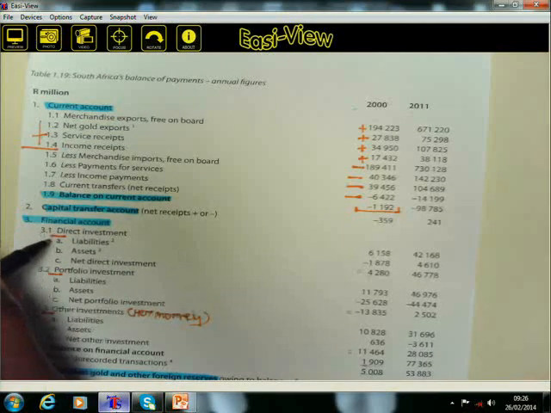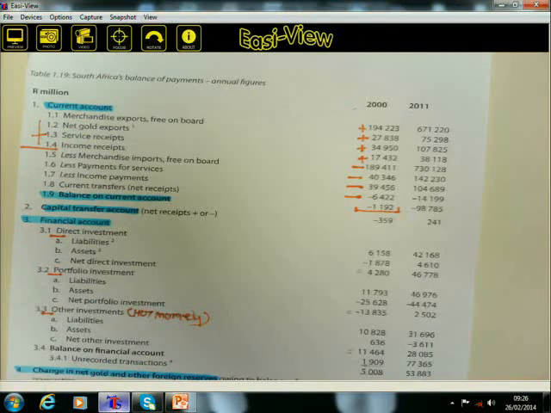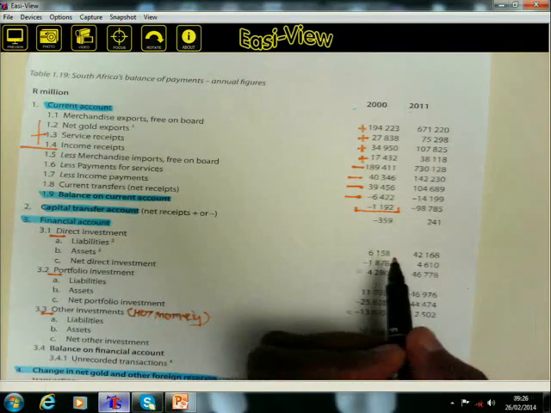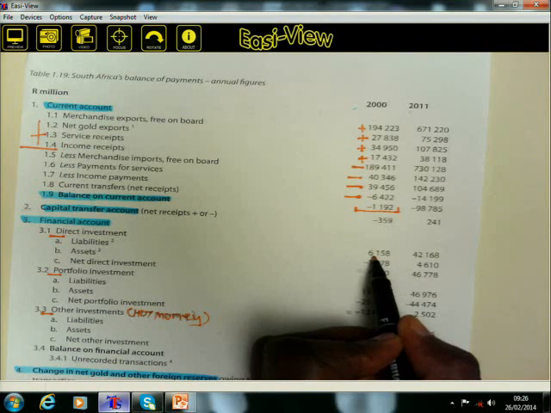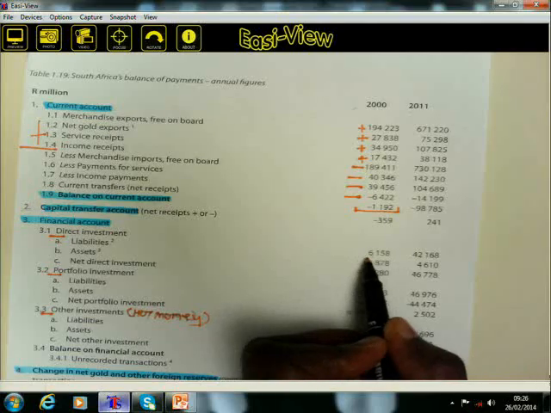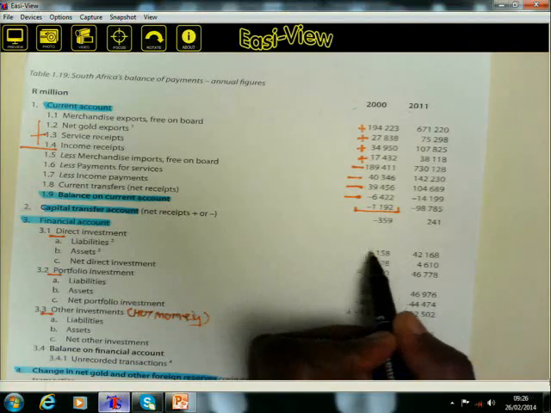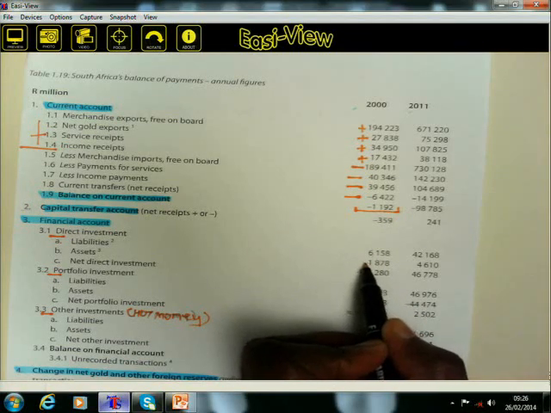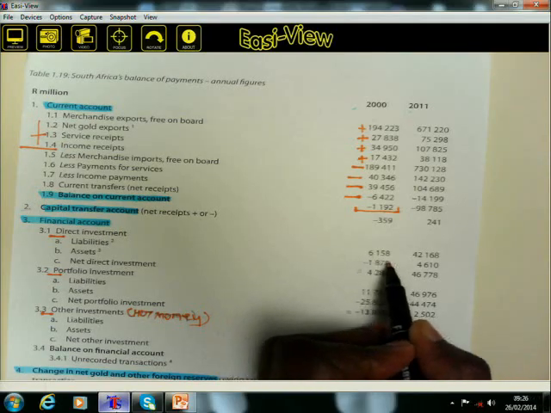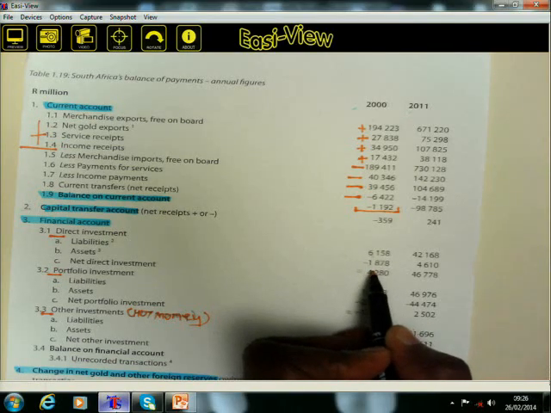Therefore, how do we calculate this account? That is important. Here we're going to subtract, based on the information that we are given. Sometimes here we might be required to add or to subtract. It depends on the information that we have.